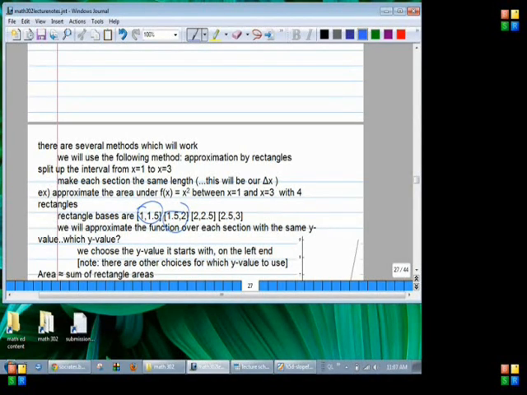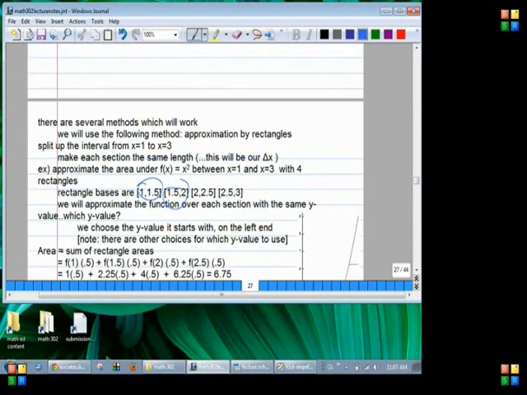Now what's the height of that rectangle going to be? It's whatever the y value is. So we're using the leftmost x, which is 1.5. So what's the y value? Well, you've got to square 1.5. You get 2.25. Okay.